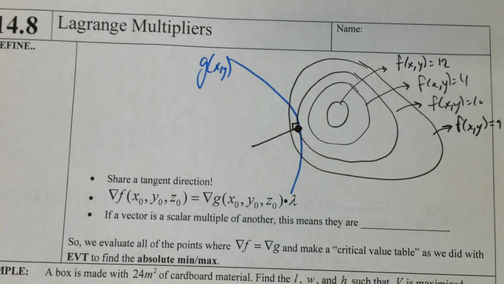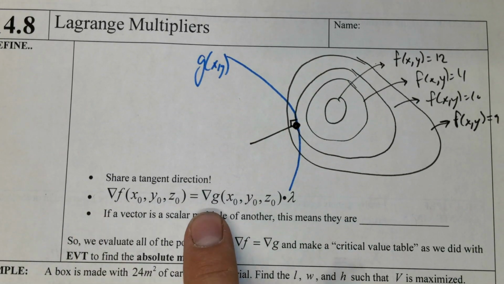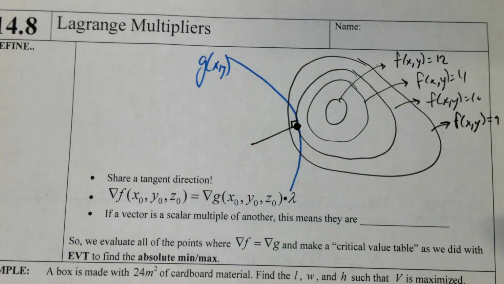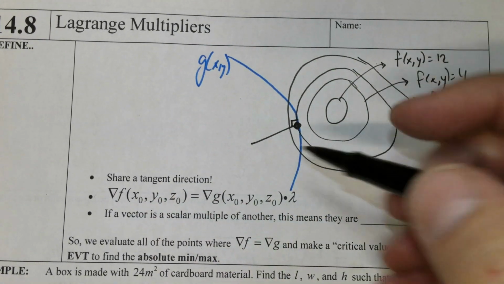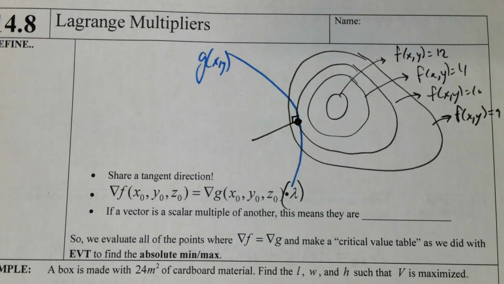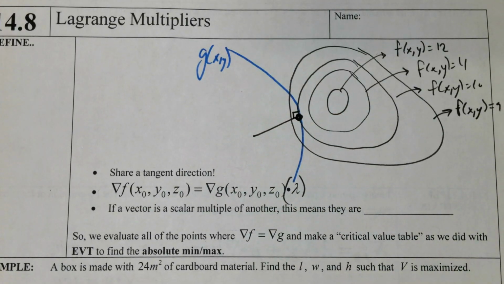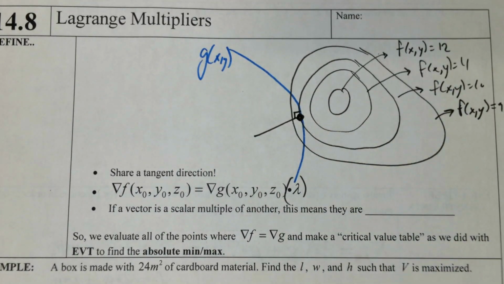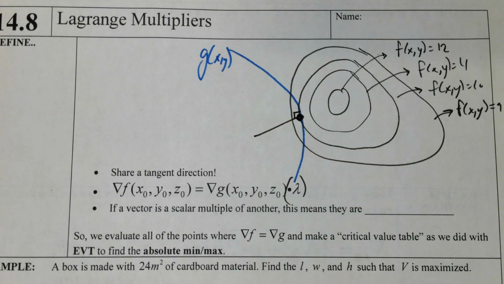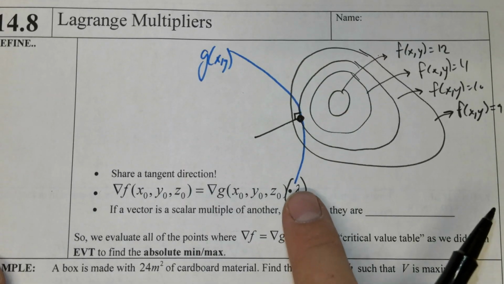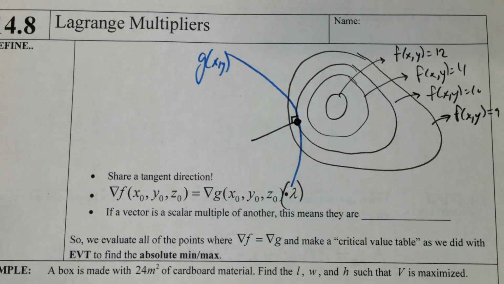They share that moment in time, and they're going to share a derivative. They're going to share a gradient vector, but they're not perfectly the same. There's a multiplier here. This is my Lagrange multiplier. That is the Greek letter lambda, where because these vectors are parallel, they're going to be able to be represented as a scalar multiplier of one to the other.